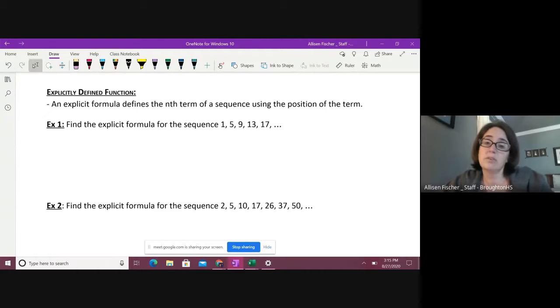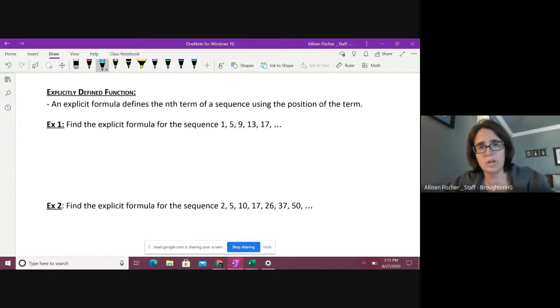So that might be a little confusing to you right now in terms of what that means. So we're going to give you an example. In the first example, it says find the explicit formula for the sequence 1, 5, 9, 13, 17, dot dot dot. And the dot, dot, dot means and so on. So it's going to continue on in this pattern.